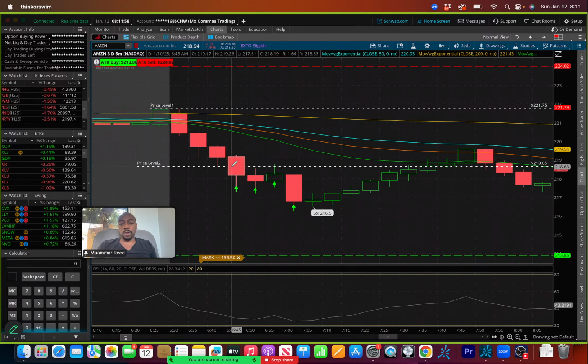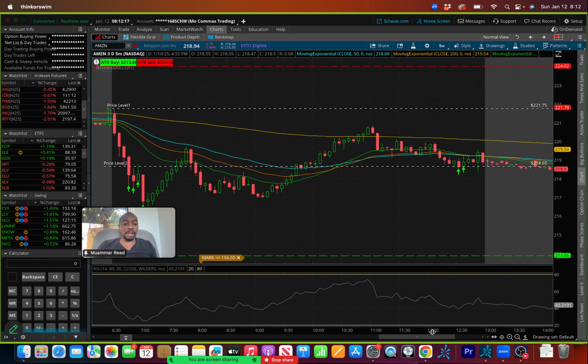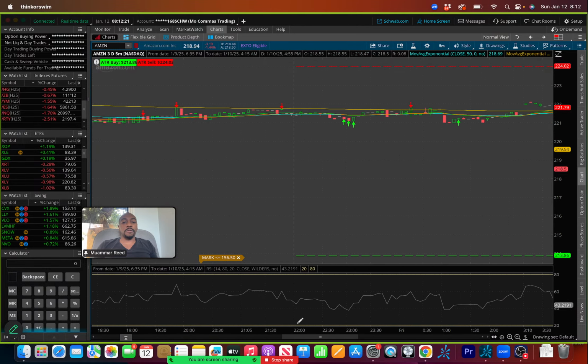Taking this break with puts, you could short shares, you could sell call spreads right at this break. But once again, it came down and then came back up into that range. So it depends on where your target was, where you would potentially sell, as to whether or not you made money on Amazon.